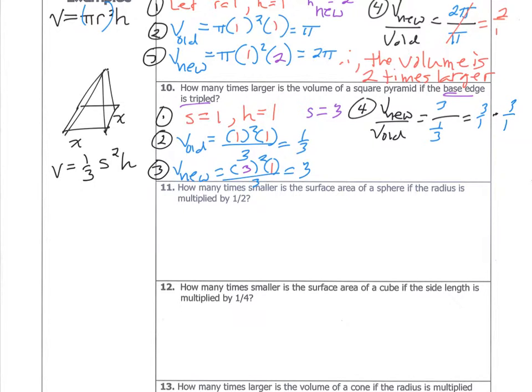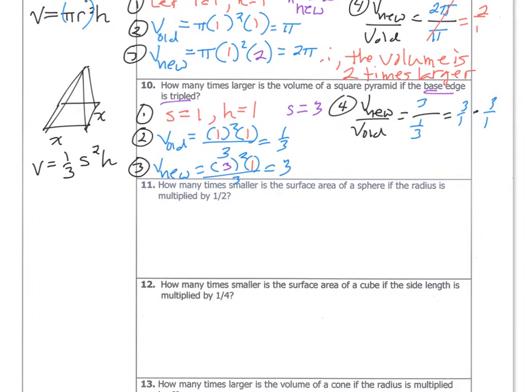So what does that equal? 9 to 1, right? 3 times 3 is 9 to 1. So isn't the new volume 9 times as big? And if you take this volume and multiply it by 9, what's 9 times 1/3? 3. So it works.